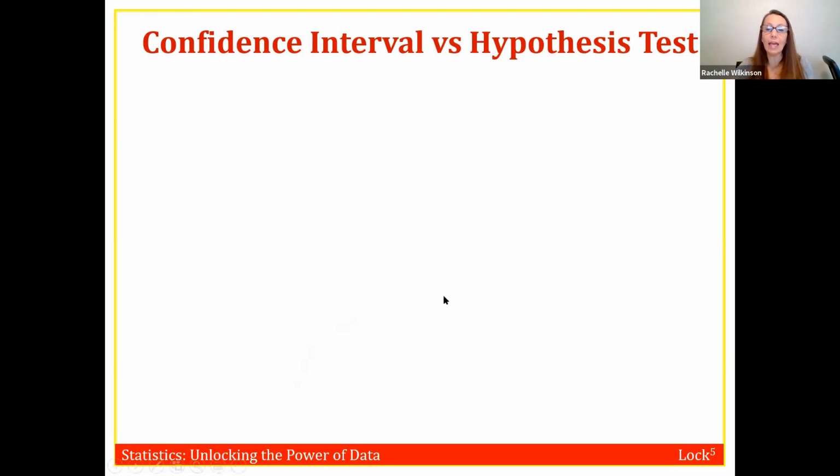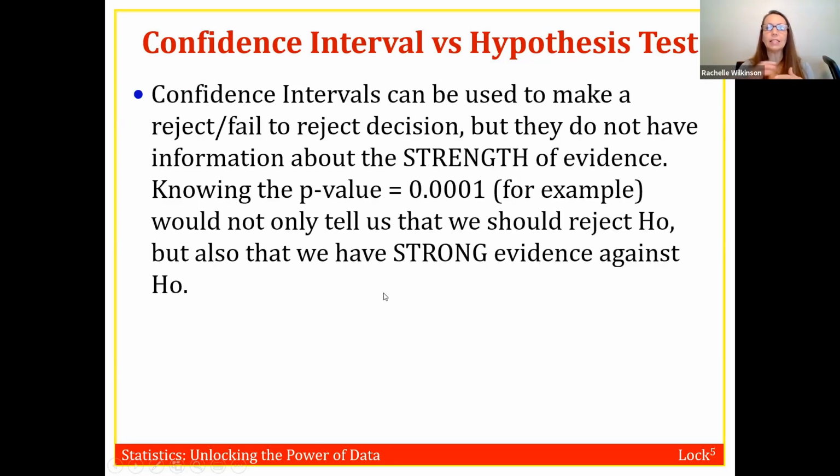So one thing we gain by doing the whole randomization distribution and finding the p-value and all that good stuff is that we have a measure of how strong the evidence is against the null hypothesis. So if I know that my p-value is 0.0001, for example, this not only tells us that we should reject the null hypothesis, but it also tells us that we have really strong evidence against the null hypothesis.